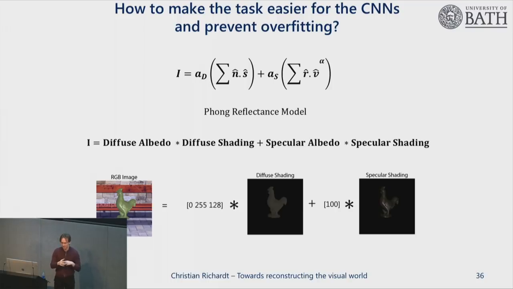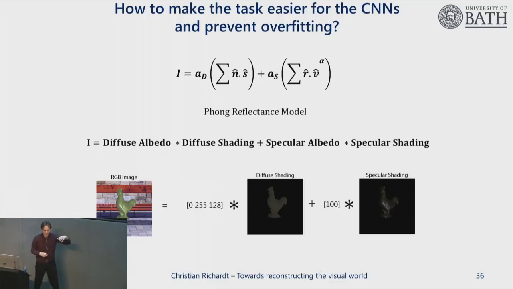We can pick a large range of objects, such as this chicken, for example, different objects to make it more general, to not overfit on cars, for example. Use a random input image from Flickr as the background, and then we can constrain it. It's very dark here, the diffuse shading is combined with a diffuse albedo, so the main color of the object, and then this is combined with a specular color as well.